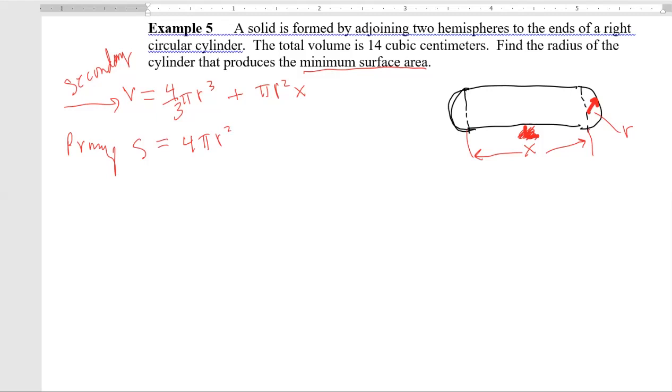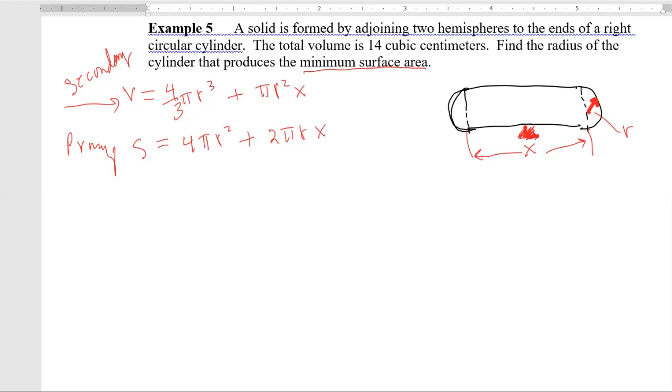That's the formula for the surface area of a sphere of radius r. And then you have the surface area of this cylinder, which is the circumference times the x. So circumference is 2 pi r times that x. So this is our primary. Problem is it's got r and x in it.